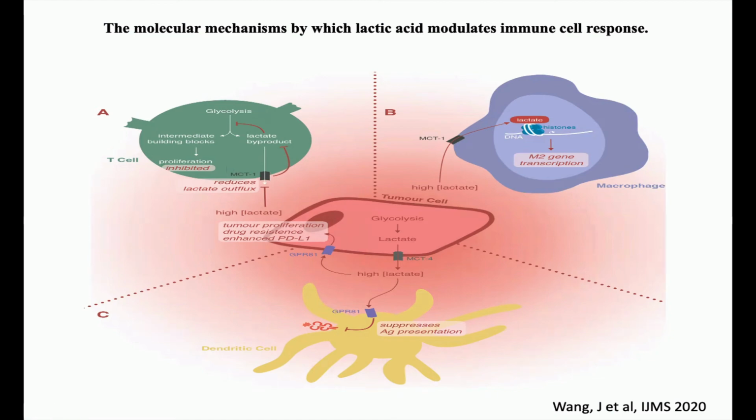And if the lactic acid concentration is too high intracellularly, that can induce cell death like apoptosis. Lactate can also function like an epigenetic regulator, changing gene expression. In this case, it can induce macrophage dedifferentiation, converting macrophage type 1 to macrophage type 2.